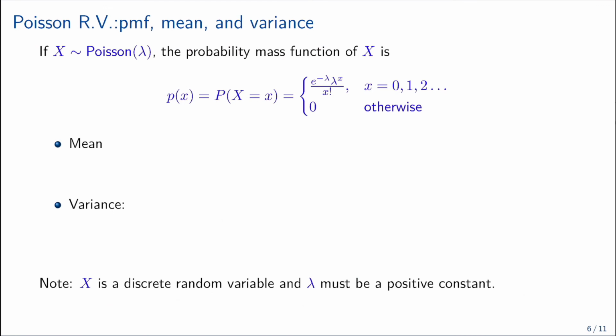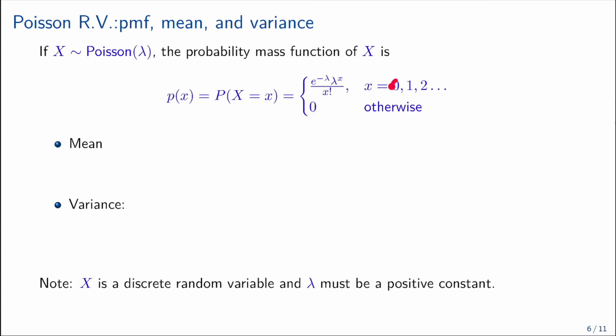Summarizing, we said that x is distributed as Poisson with parameter lambda, and the probability mass function of x is given by e to the minus lambda multiplied by lambda to the x divided by x factorial when x is equal to 0, 1, and so forth, and 0 otherwise.